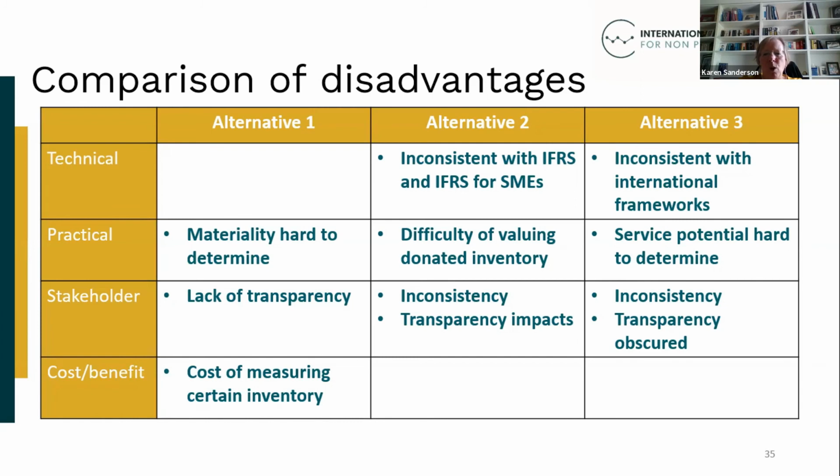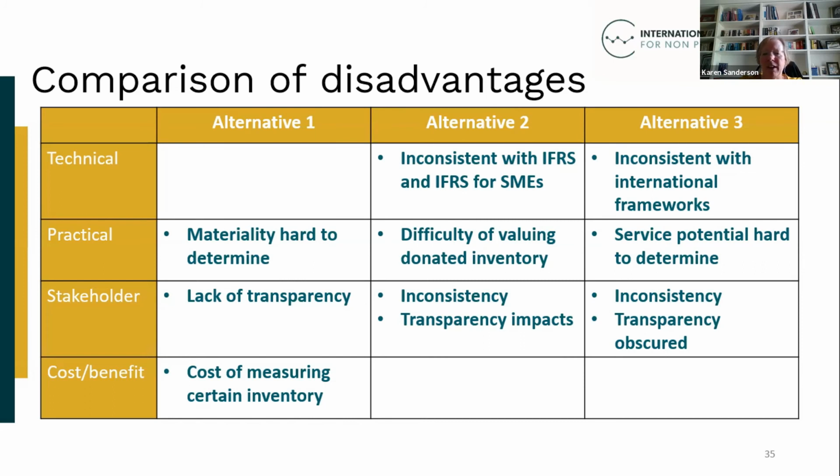But alternative 1 may have difficulty, particularly in applying materiality to transactions. For stakeholders, all of the alternatives could be impacted in varying degrees by lack of transparency, which we hope the guidance could mitigate. The option to write off work in progress in alternatives 2 and 3 could also result in inconsistency across NPOs if some choose to do it and some don't.